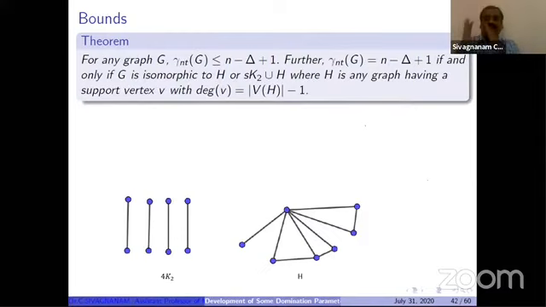Now you have to see this following graph: this vertex is a maximum degree vertex and it is a support vertex. So this is our graph H. Here I am taking s value 4, so 4 times K2. It is a disconnected graph. What is the gamma nt value? We have n minus delta plus 1 here.